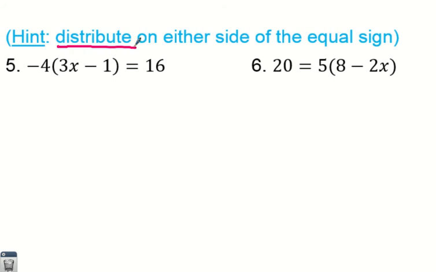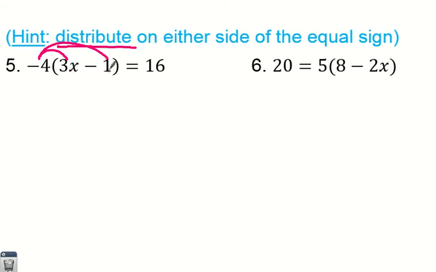So in number 5, the very first thing I'm going to do is distribute the negative 4, because it says negative 4 times this entire bubble, right? It's negative 4 times both of these terms in the bubble.